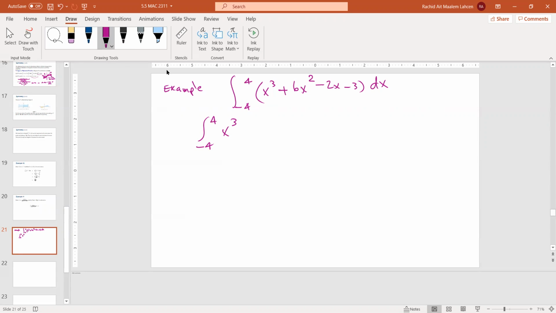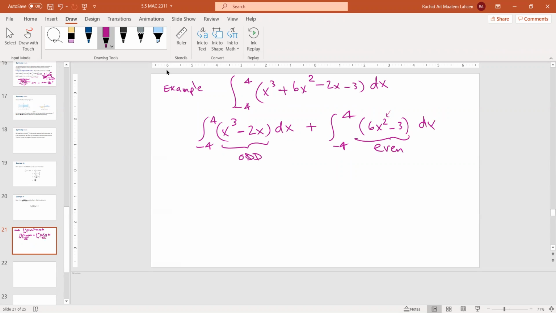If you put these terms with odd exponents together, this is going to be an odd function. And what's left here is the 6x squared minus 3, and the only exponent here is even, so that's going to be an even function.